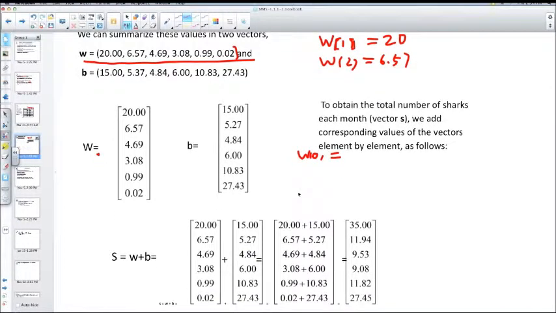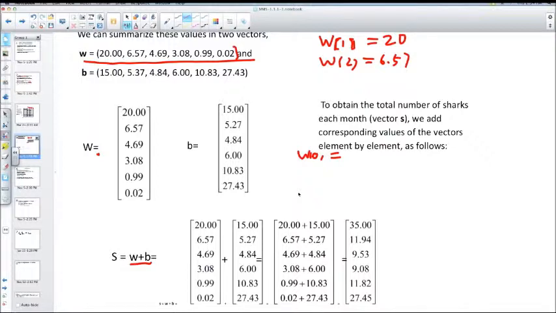Anyway, when we need to add the total weight of the two types of sharks in each month, all we need is to add the two vectors.